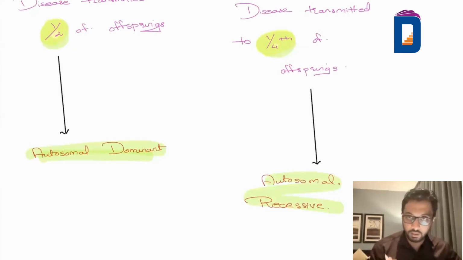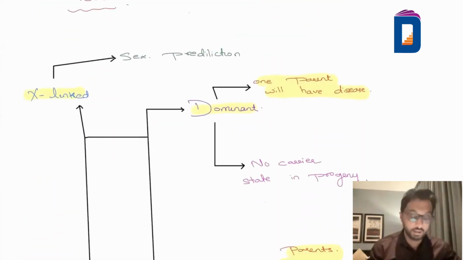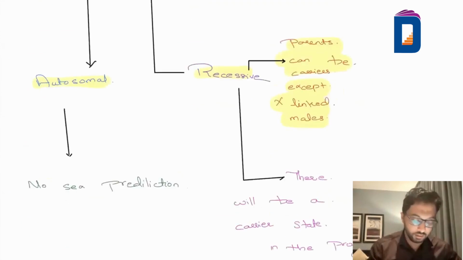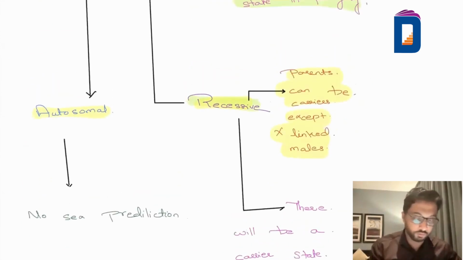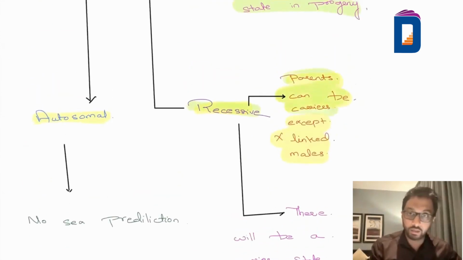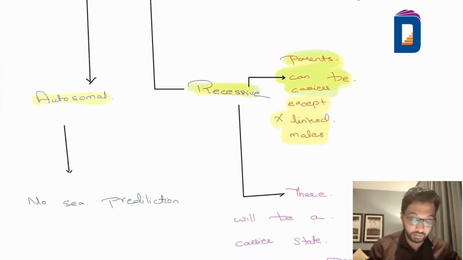But it's not necessary that a parent will be affected. Next, in dominant, especially autosomal dominant, one parent will be affected and there is no carrier state. In recessive, especially autosomal recessive, the parents can be carriers, or none may be affected, and there will be a carrier state.